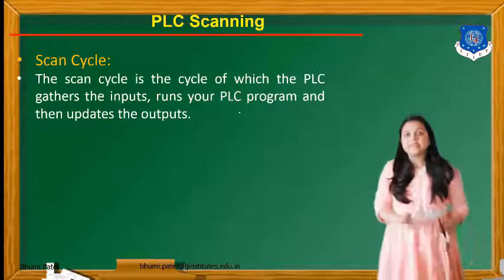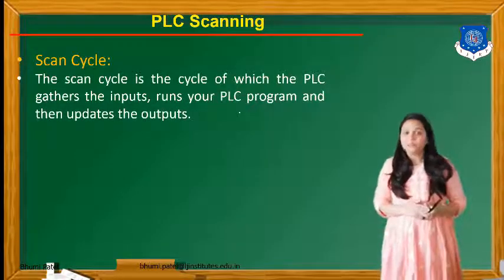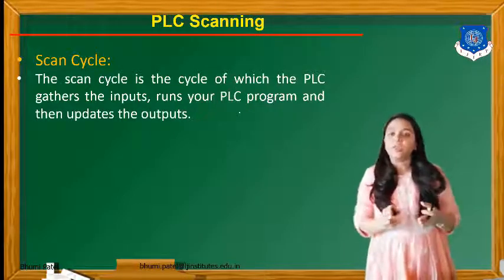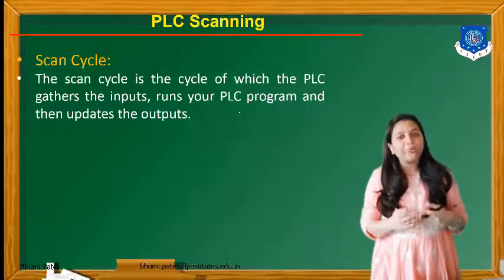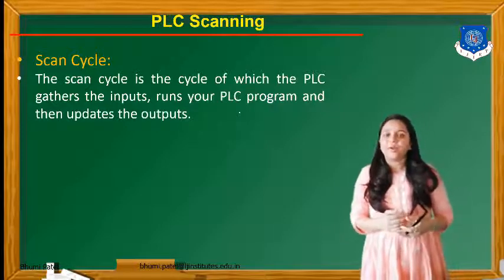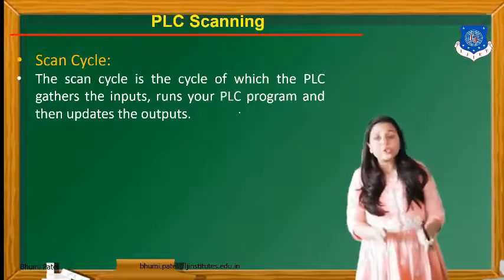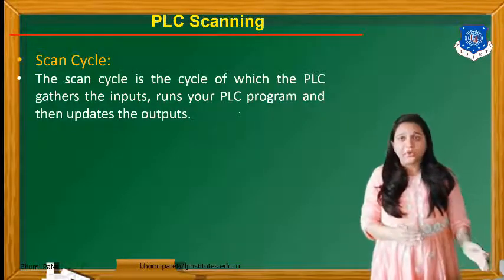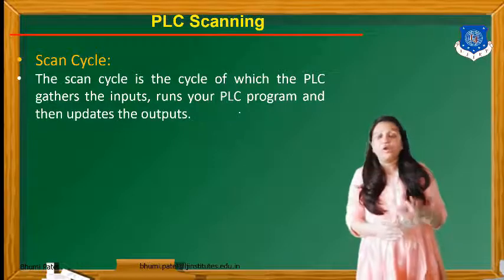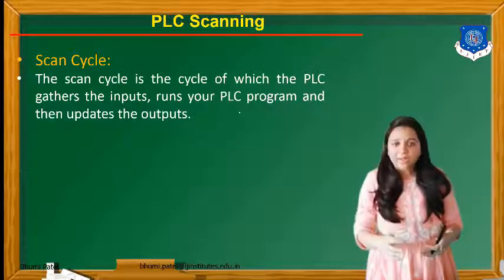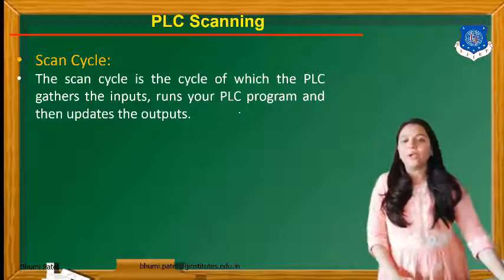The scan cycle is the cycle in which the PLC gathers the inputs, runs your program, and then updates the output. This total time is known as the scan time. So the scan cycle includes the input, the PLC program logic, and the output data.